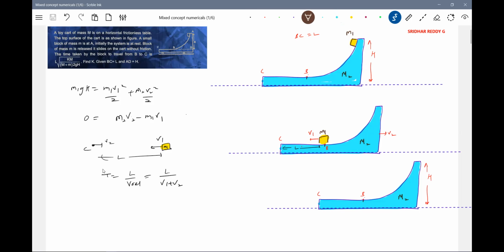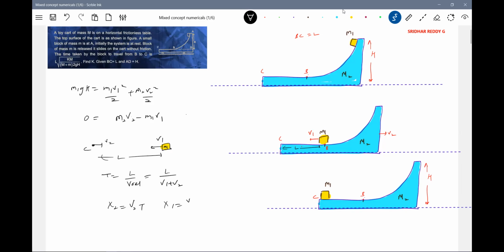So will it be exactly at the position of B? We don't know. They may ask you those things also. You have to be careful when the block reaches C. Can we calculate the displacement, like how much the wedge has moved? We have the data, no? So the displacement of the wedge should be this much.